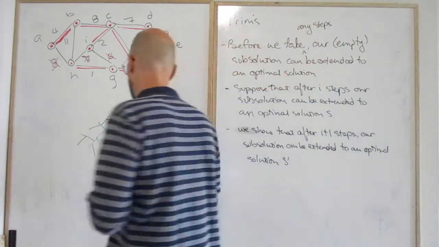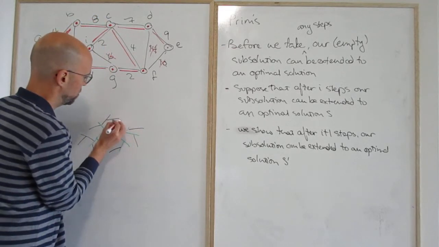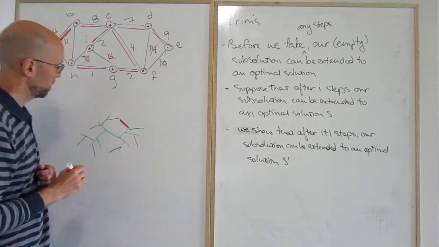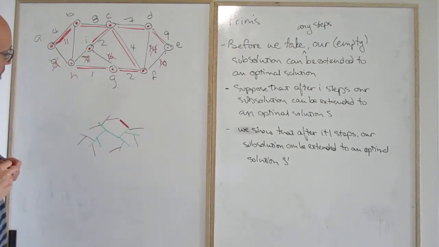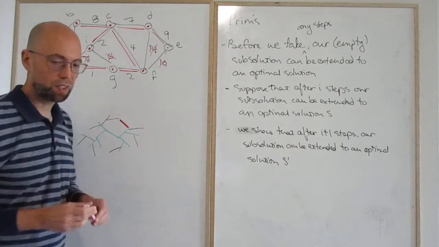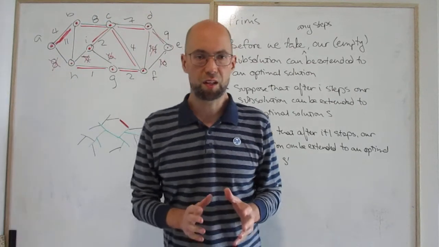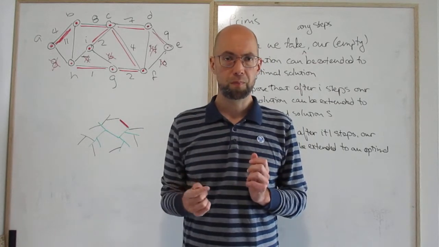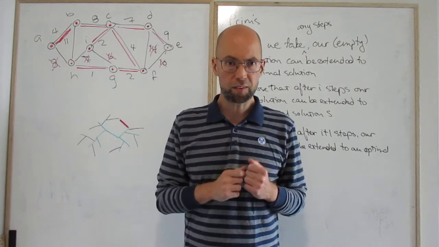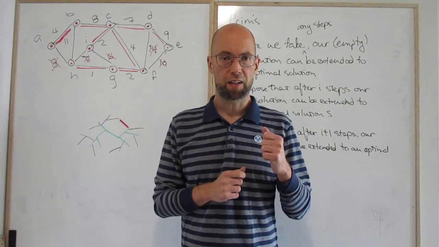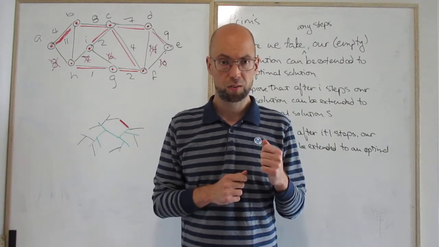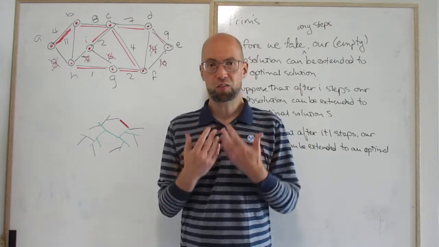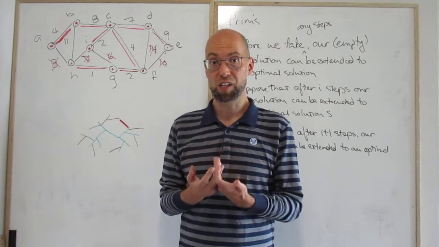Let's say that we take this edge and it creates a cycle. Can we say the same thing we said before, that the black edges on the cycle have to be at least as expensive as the red edge? No, we can't, because we're only considering the edges incident to the tree.